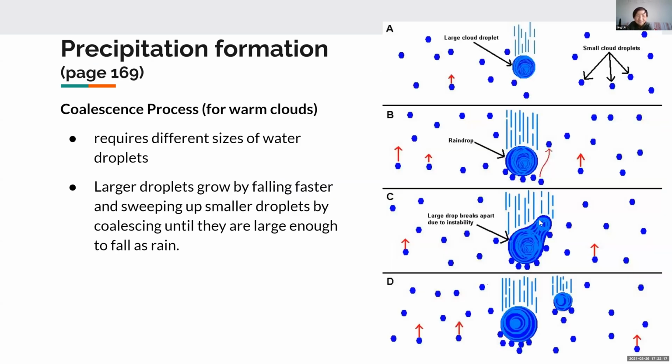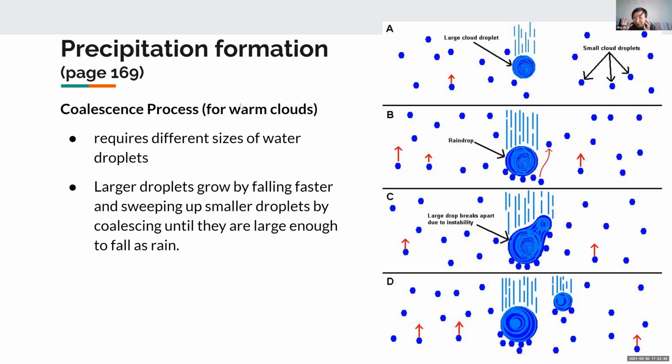Okay, so the last concept is precipitation formation. It looks very complicated, but actually it's very comparable to cloud formation. Your precipitation formation is determined by the temperature of your cloud. If your cloud is warmer, you will have the coalescence process.